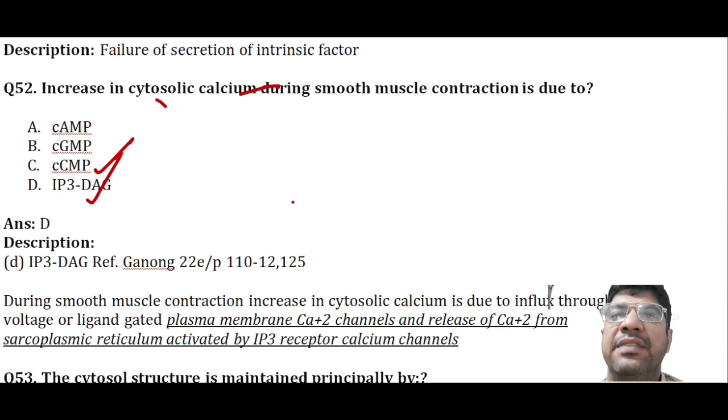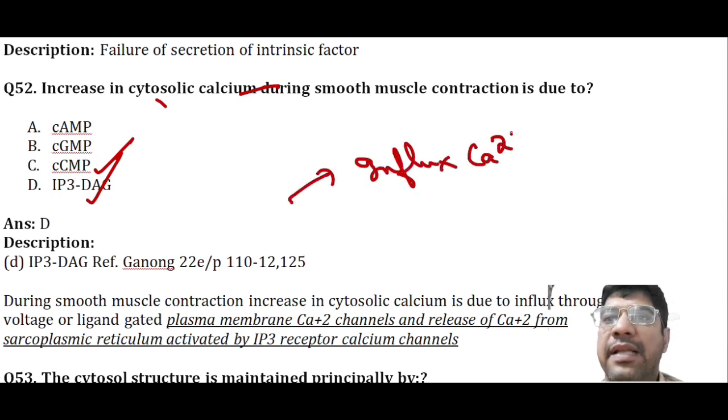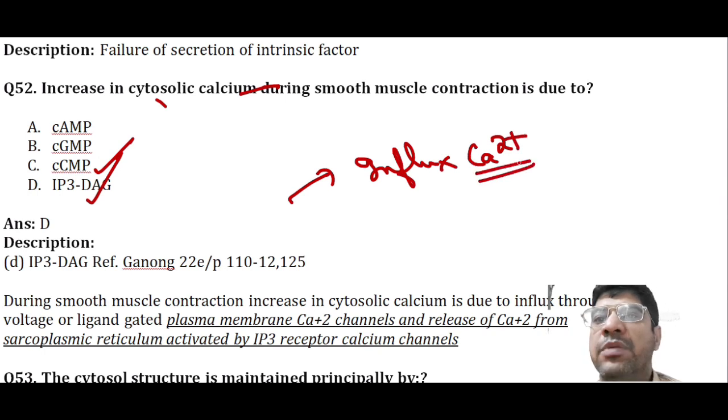The first is the influx of calcium ions, which enter the smooth muscle cell through the voltage or ligand gated plasma membrane channels. Second is the release of calcium from the sarcoplasmic reticulum.